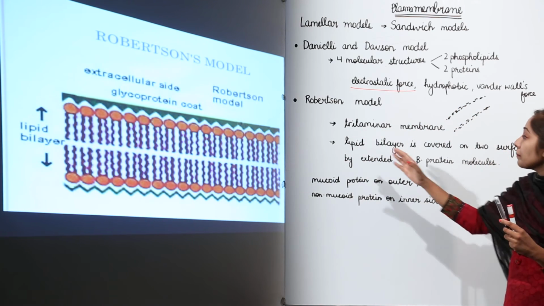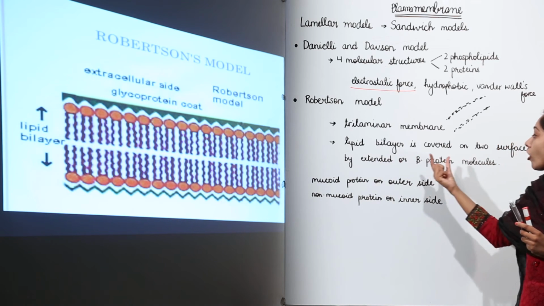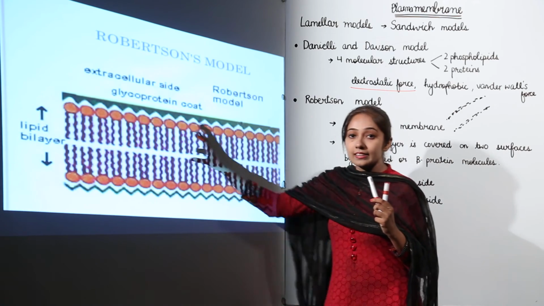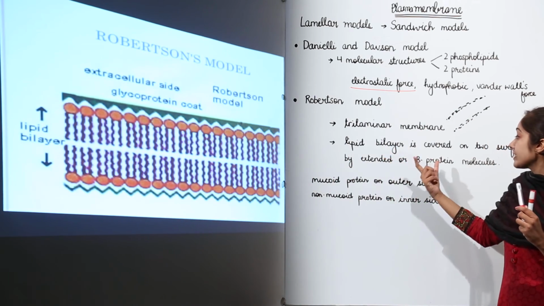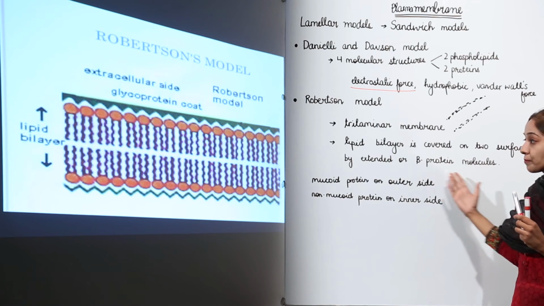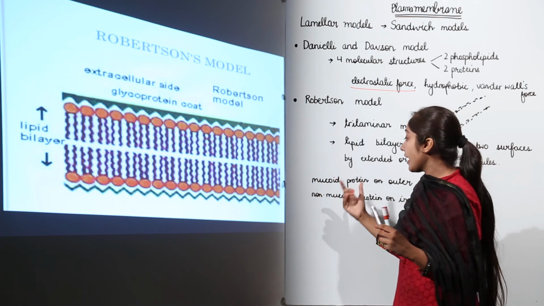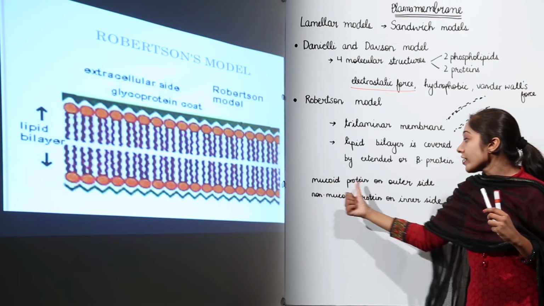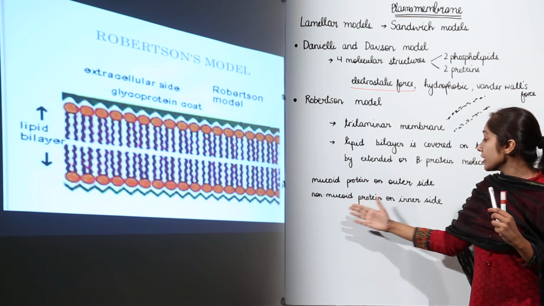The lipid bilayer is covered on 2 surfaces by extended beta protein molecules. The difference was that the outer protein layer was a mucoid protein layer, and the inner protein layer was a non-mucoid protein layer.